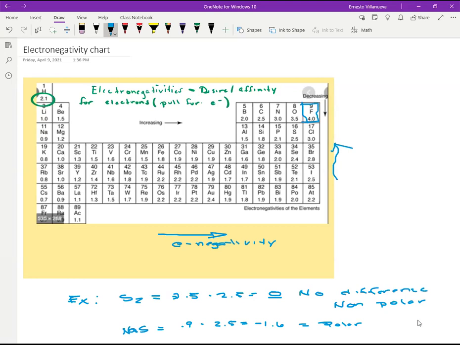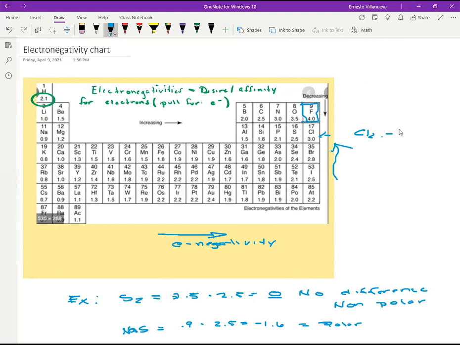Their electronegativity values. Now, obviously, you're not going to memorize this table, but just understand that if atoms are bonded to each other on this side of the table, for example, chlorine bonded to itself, you've got to recognize that that's already going to be nonpolar because you're subtracting the same electronegativity from itself.